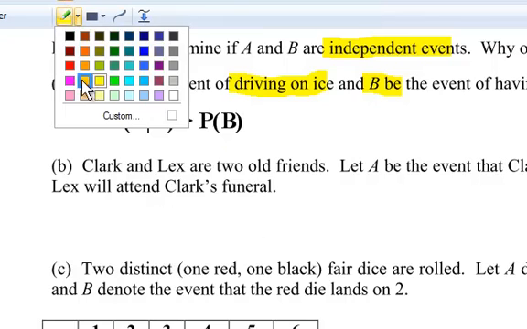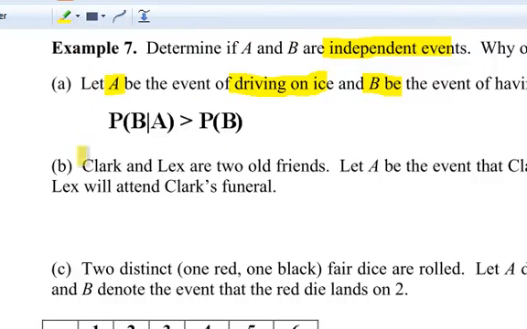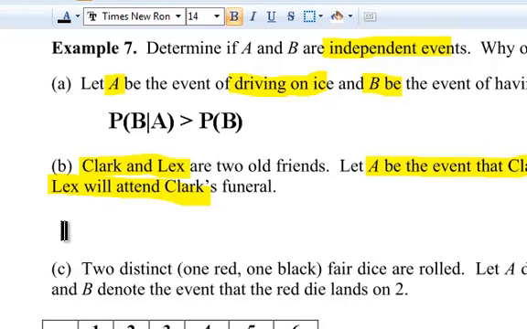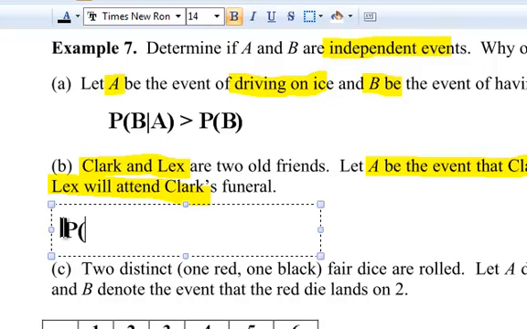Okay, I like this example. These guys, maybe you know them from Smallville. Clark and Lex are friends. A is the event that Clark attends Lex's funeral. B is the event that Lex attends Clark's funeral. So, what's the probability of A given B?